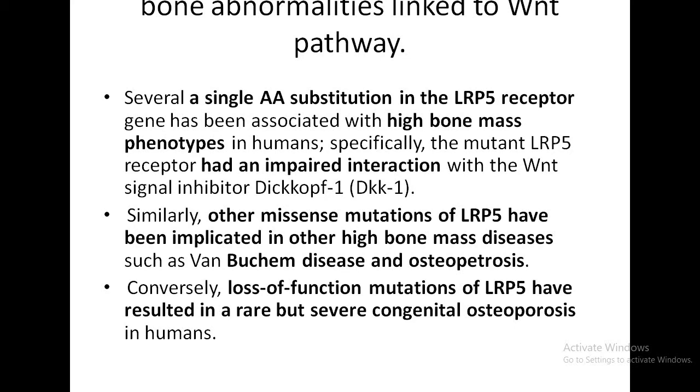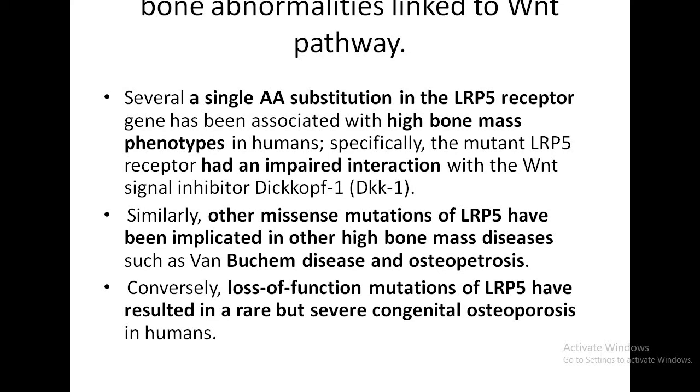Also, the mutant LRP5 receptor had an impaired interaction with the WNT signal inhibitor. Other missense mutations for LRP5 have been implicated in high bone mass diseases like Van Buchem disease and osteoporosis.